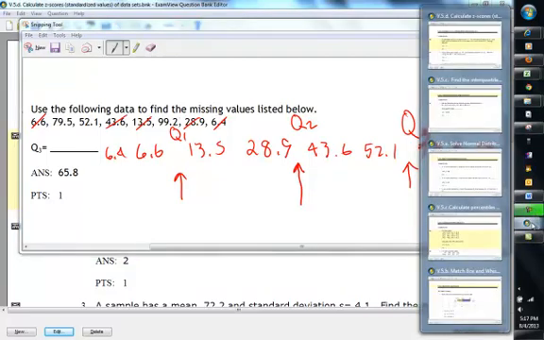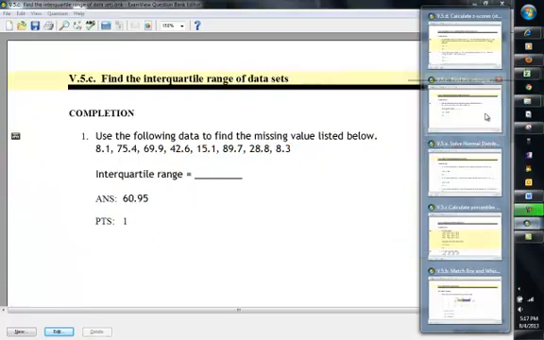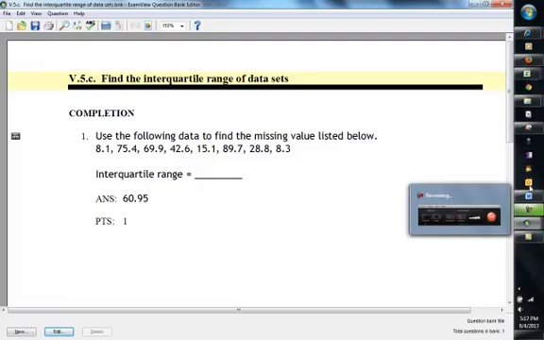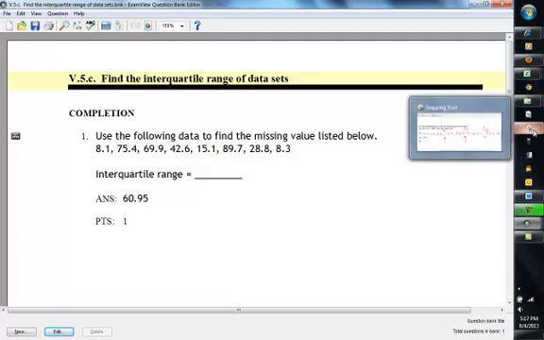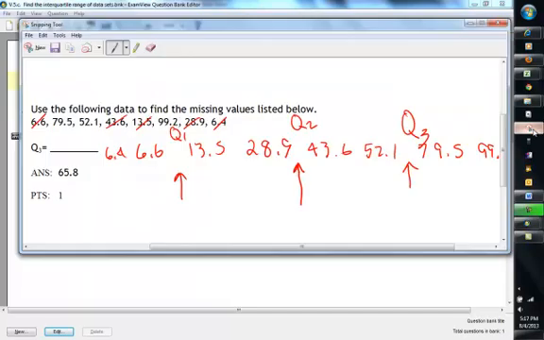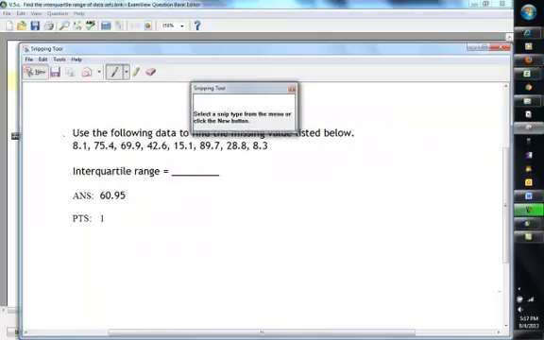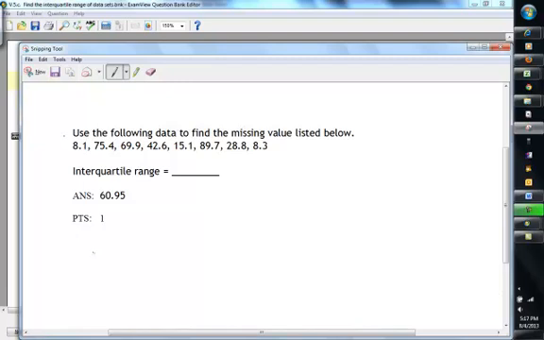Let's see, what are we missing? Interquartile range. So the interquartile range is between the first and the third quartiles. So let's get the problem written down here.